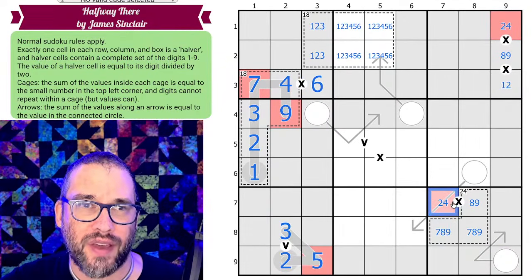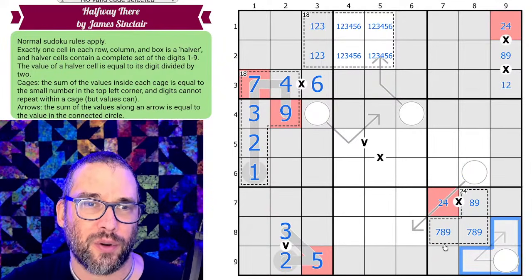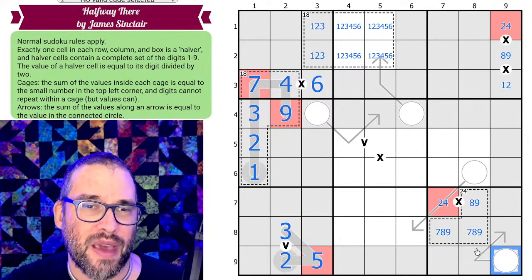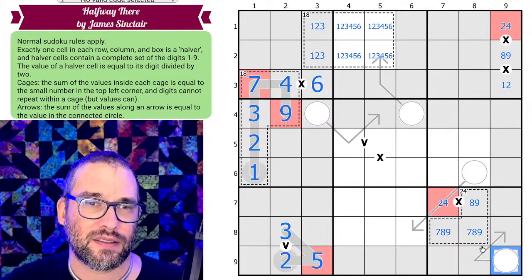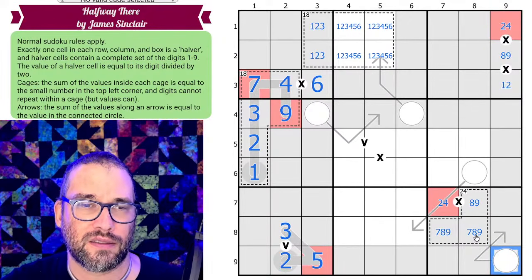Okay, so this has a value of 1 or 2. Leaves a lot of things this arrow could be. This arrow is just strictly normal. And it sums to max 6. And it's not 5.